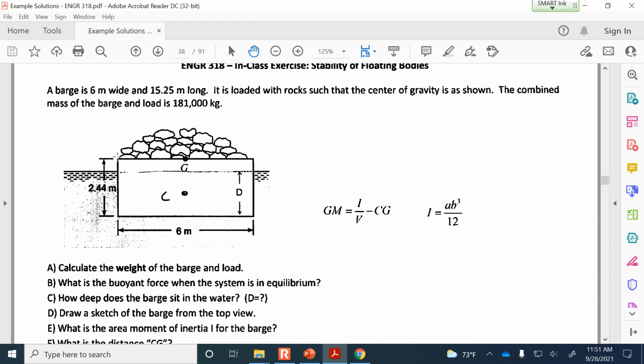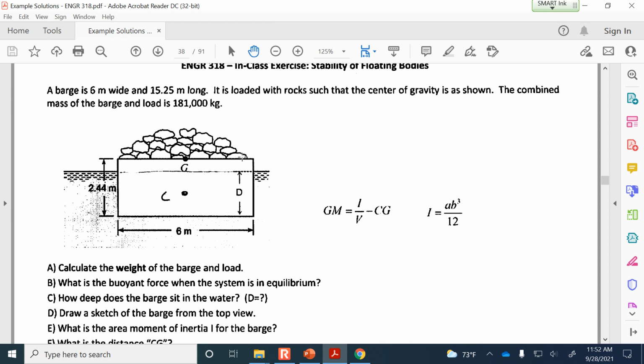So we have the overall distance, 2.44, and if you subtract out D, then that'll give you the distance from the water surface up to G. So it's kind of a two-step thing in order to calculate the distance between the center of buoyancy and the center of gravity.